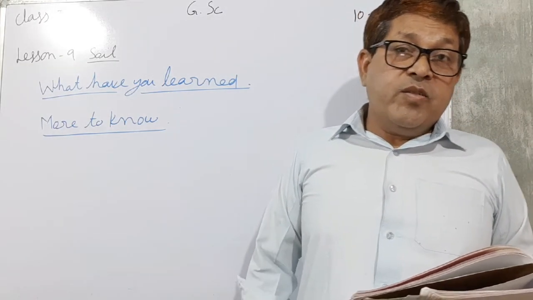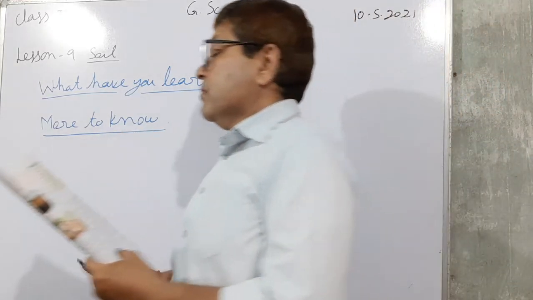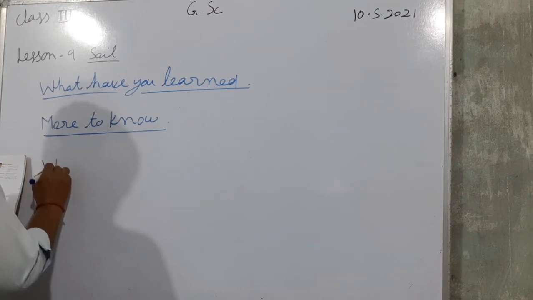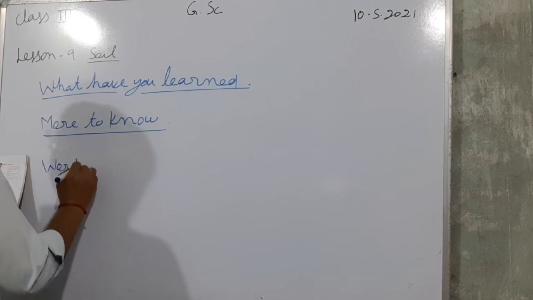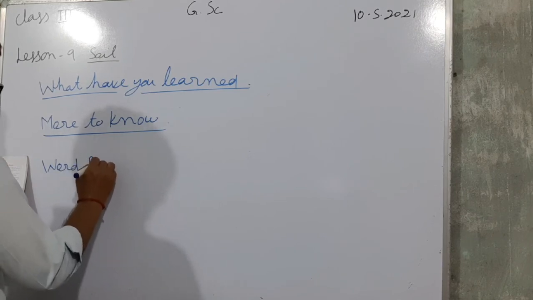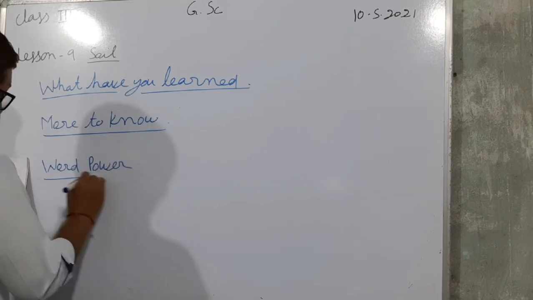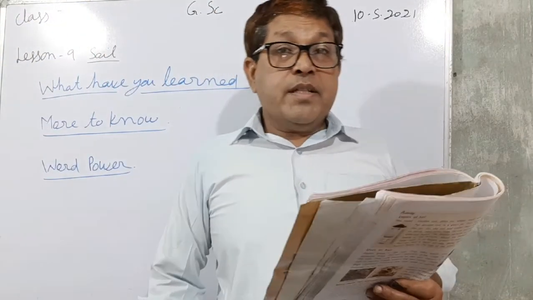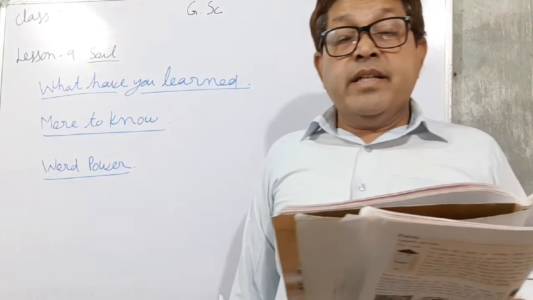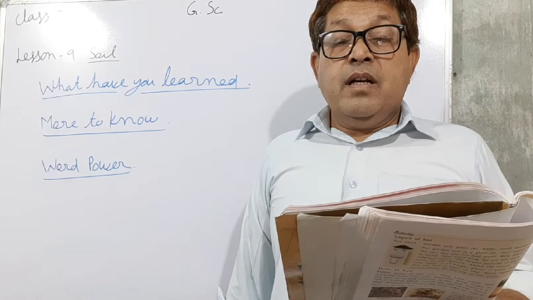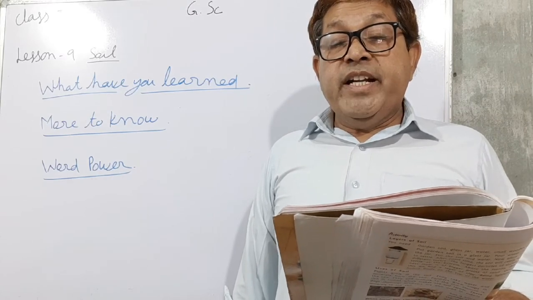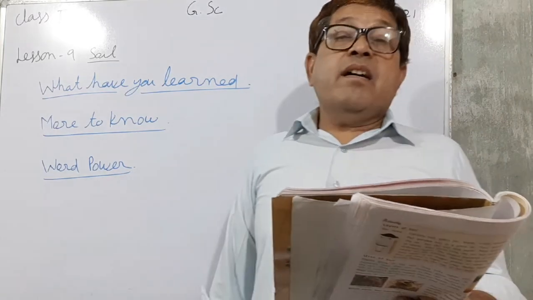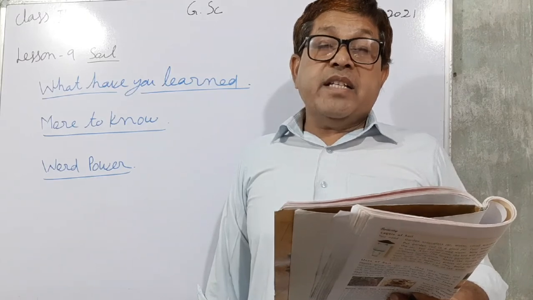Now next, word power. First, it is given as humus, a component of soil made up of remains of dead plants and animals.